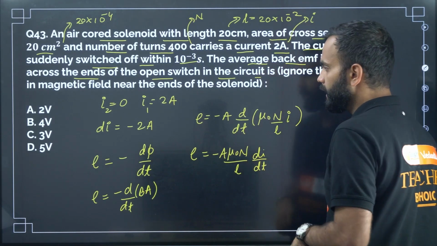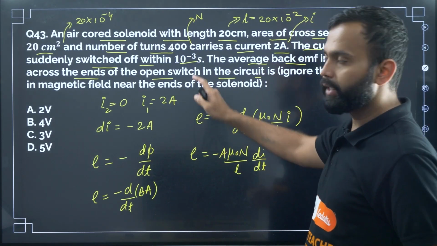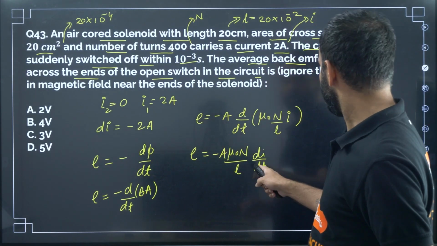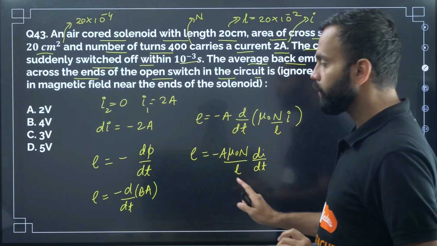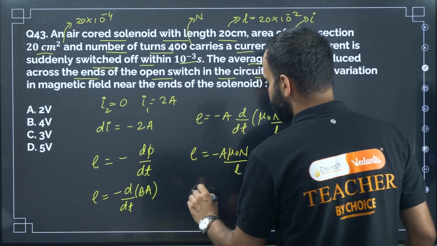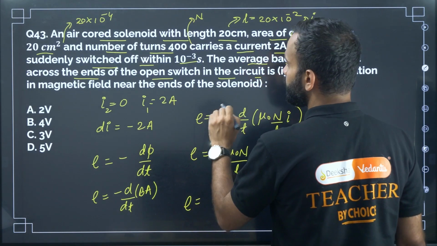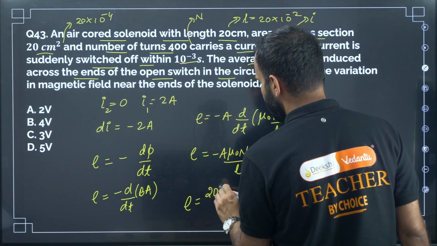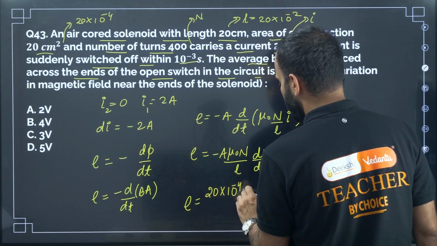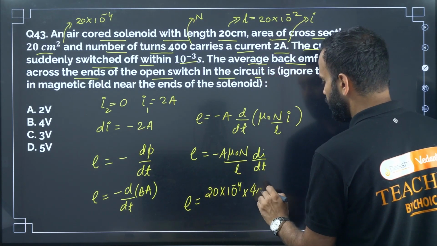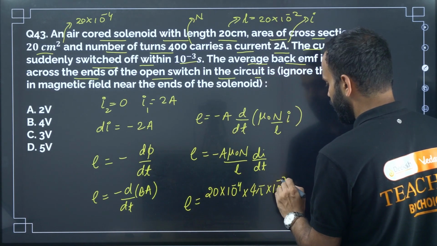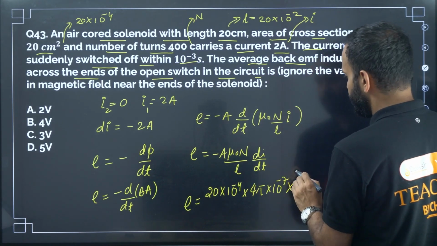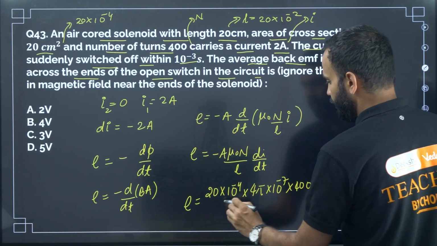Here minus di is 2, not minus 2. So now E equals A, which is 20 centimeter square, so 20 into 10 to the power minus 4, mu naught is 4 pi into 10 to the power minus 7, into N is 400, divided by L.